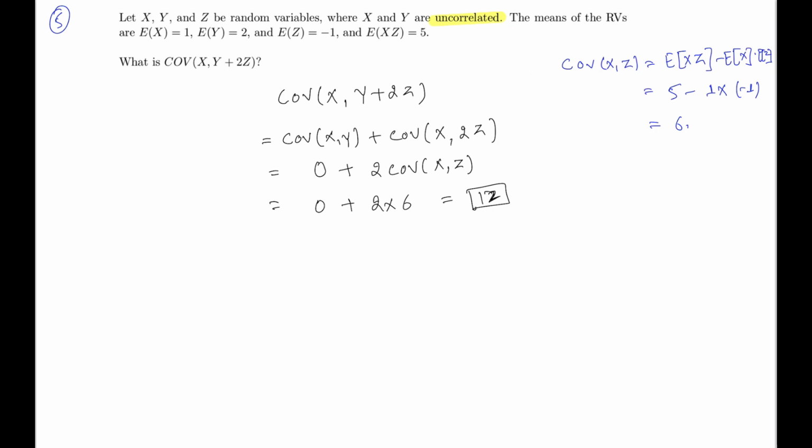Let's look at more questions. Let's look at question number 6. This one is also easy. We are given the random variable y in terms of the random variable x, and z in terms of the random variable x, and the information about x is that it is a uniform random variable between -1 and 2.